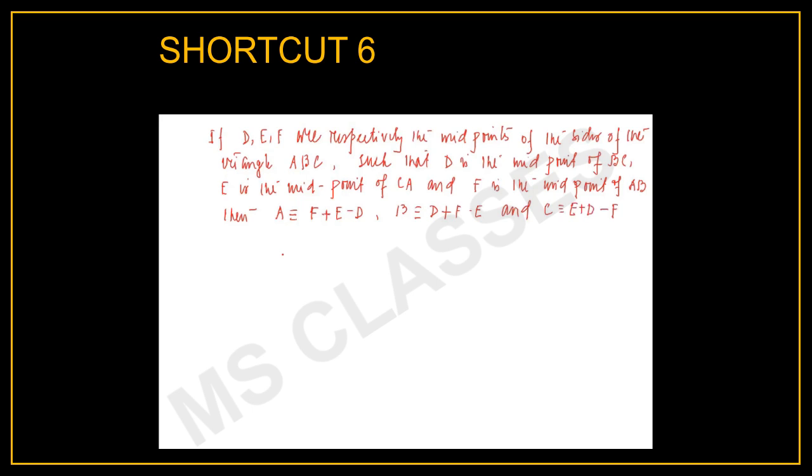Very simple thing to remember. If we just draw the diagram, we'll be able to understand that. Here we have the point A, this is the point B, this is the point C. D is the midpoint of the side BC, E is the midpoint of CA, and F is the midpoint of AB.